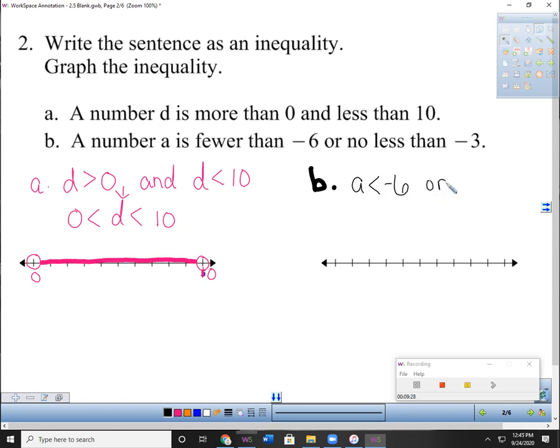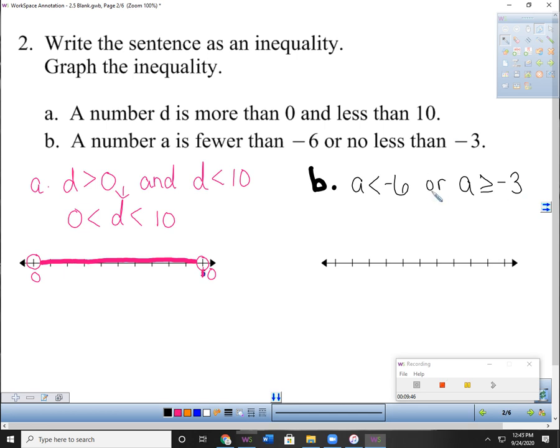Or no less than -3. So A is no less than -3. That means I can't go any smaller than -3. Everything has to be greater than, and it says no less than, that means you're including that. So equal to -3. So it can be -3, it just can't be anything smaller than -3.